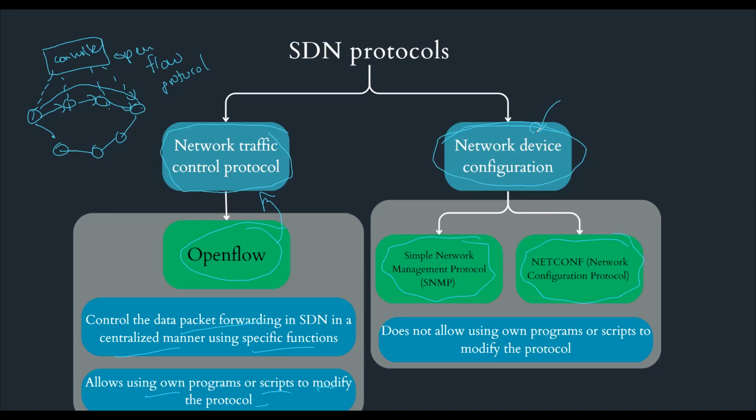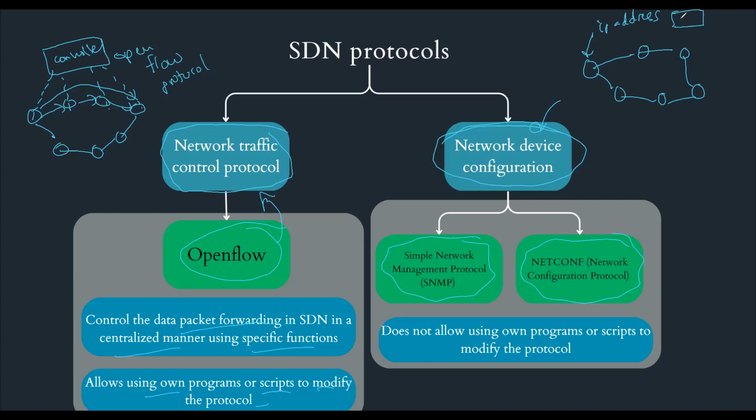So network device configuration means, first of all, once we have some routers in a network, before initiating data communication, we need to first configure each of these devices, and we need to give them the IP addresses and any kind of, I mean, we need to specify their configurations, and we need to connect that to the controller, right?